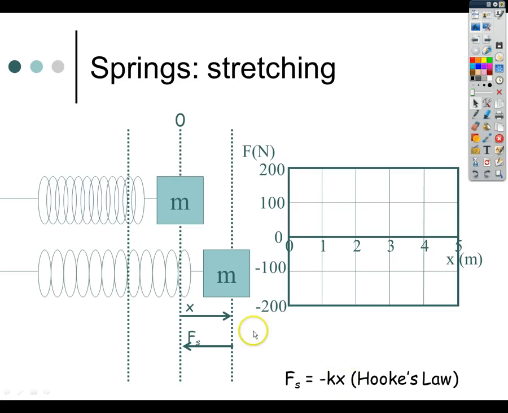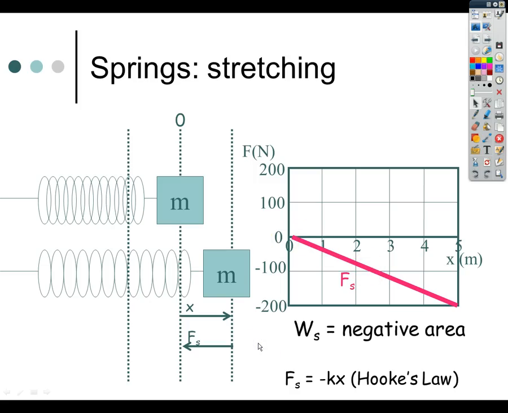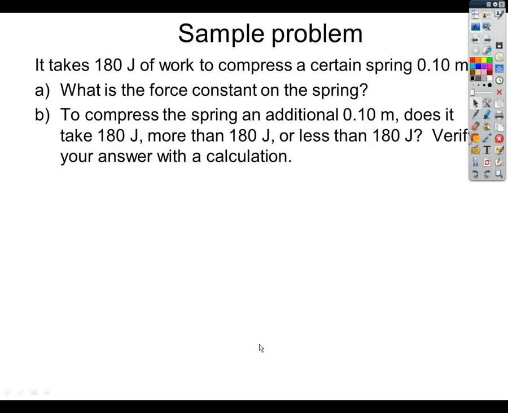Whether you're stretching it or compressing it doesn't matter, it's always going to be negative. So here's the variable force of the spring, and in order to find out how much work that spring does, we need to look at the area. That's negative 1/2 kx squared, and so that would be the negative shaded area here, or the area of the triangle itself. We're going to do this problem in the next section.